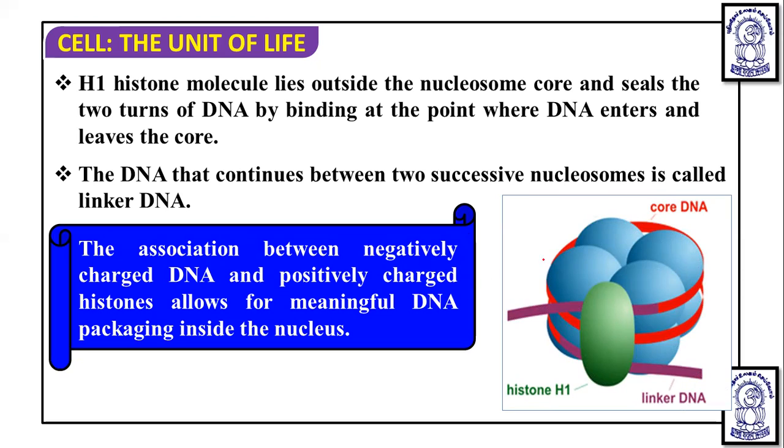See, this is H2A, H2B, H3, H4, and this is a dimer, over which the DNA takes 1, 2 turns or 1, 2, 3, 4 turns, and this is the H1 protein which seals the entry point and exit point. And this DNA, which connects the two nucleosomes, is known as linker DNA.